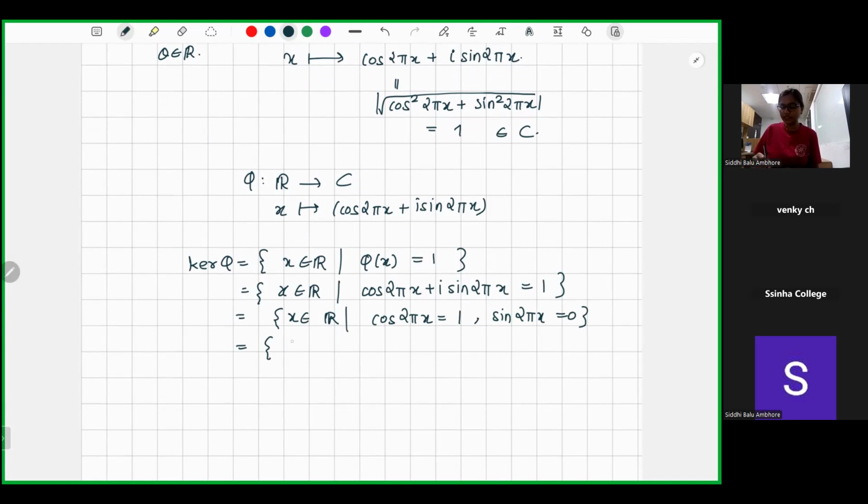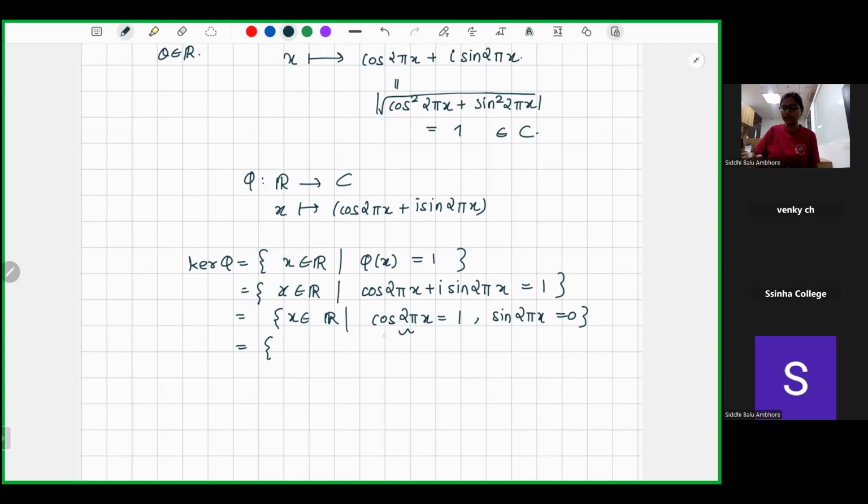It will be all integers, right? Because for non-integers, we know that cos is 1 for even multiples of pi, and sine is 0 for even multiples of pi. And here I already have 2. Okay, I mean, sine is 0 even for odd multiples of pi. That's not a problem.